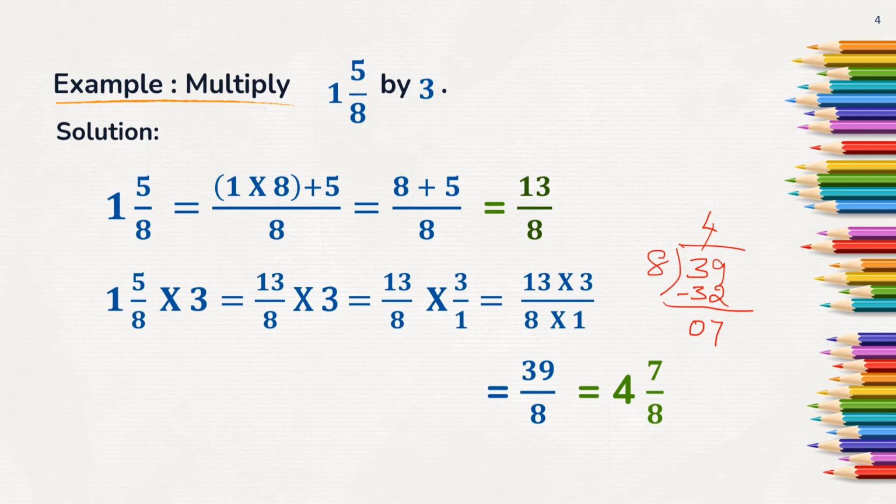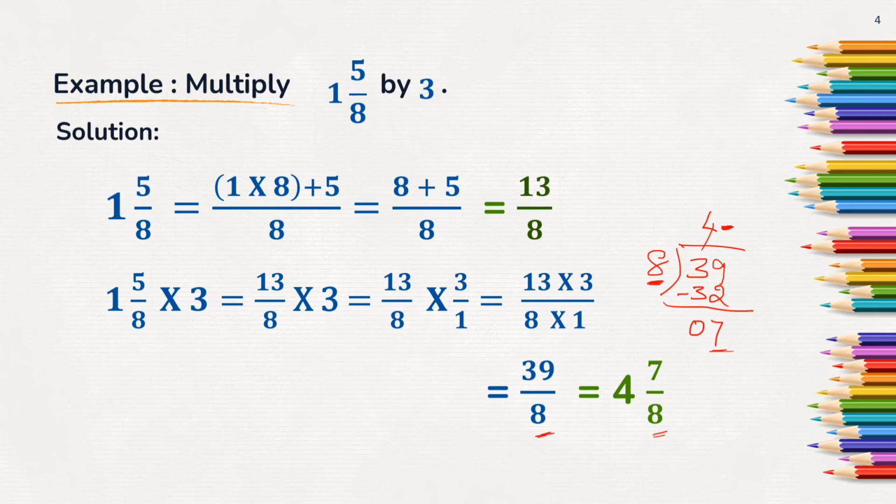So here 4 is the whole number, 8 is the divisor, which is the denominator, and the remainder is the numerator. So 4 7 by 8. So this is how we'll convert an improper fraction into a mixed fraction.